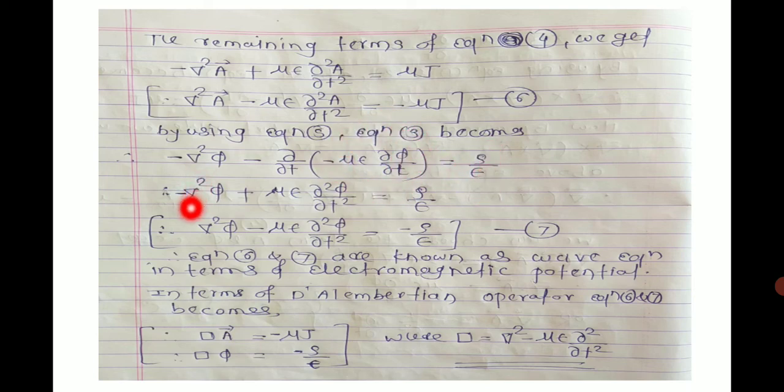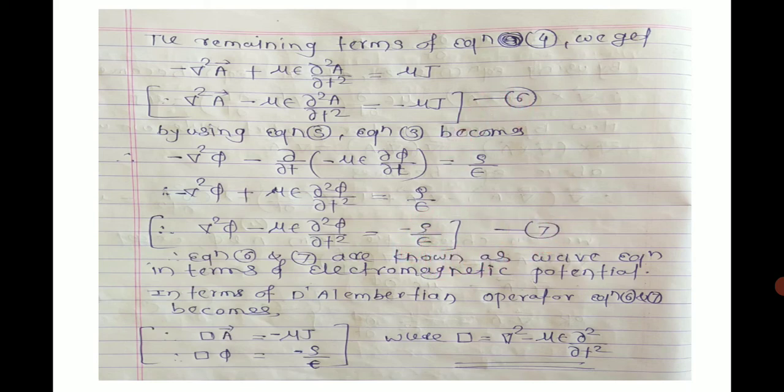By using equation 5, this becomes minus del square phi plus mu epsilon del square phi by del t square is equal to rho divided by epsilon. Then multiplying throughout by minus 1, del square phi minus mu epsilon del square phi by del t square is equal to minus rho divided by epsilon.